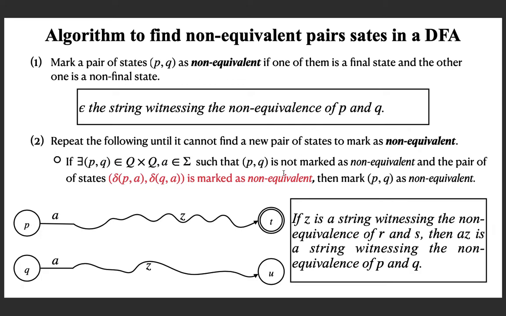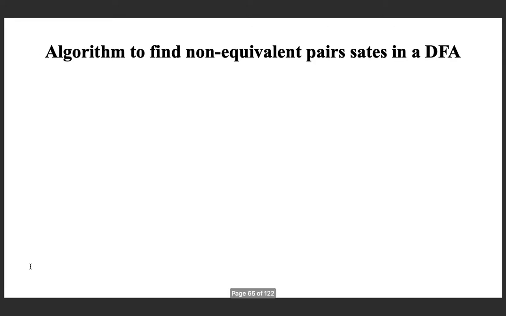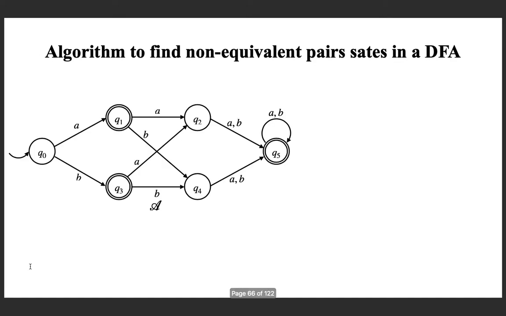So you can say that if PQ is not marked as non-equivalent, but from PQ you reach a pair of states marked as non-equivalent, then you mark PQ as well. Okay, now I hope you got it.